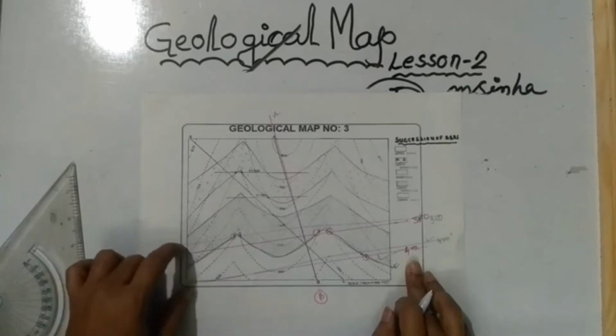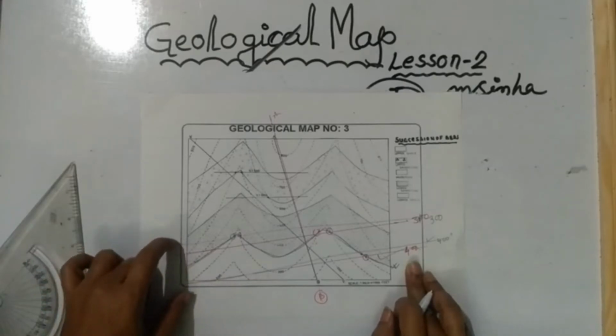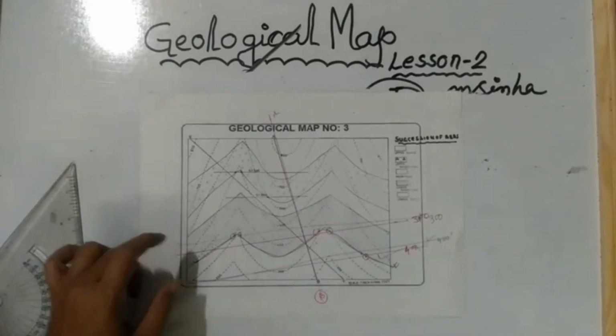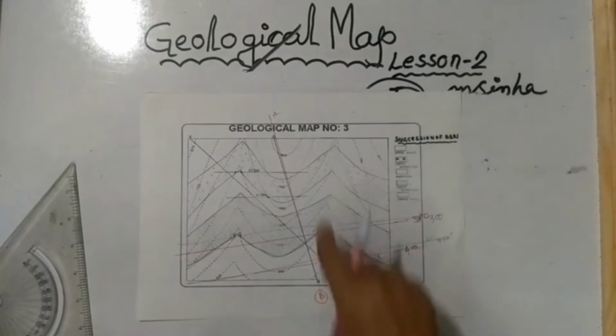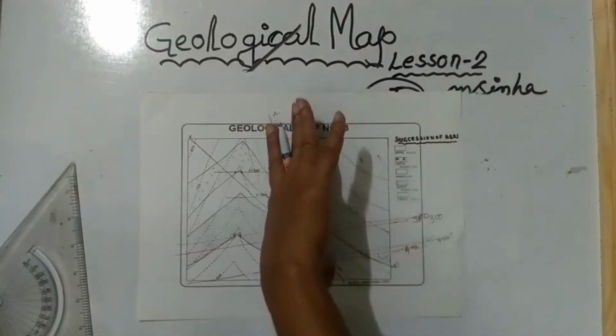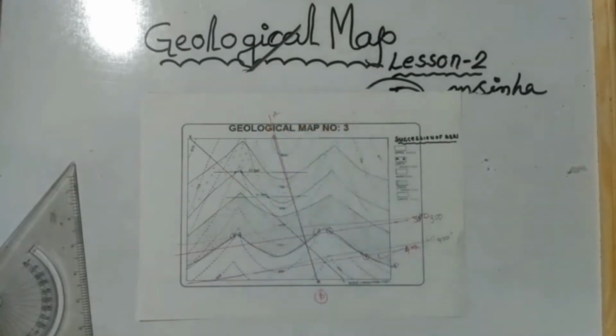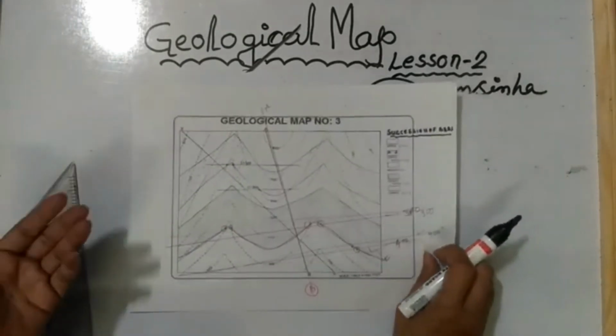With the help of the strike line, we can identify the dip. Dip and strike are very closely related. Okay, then suppose you have to take this distance with the help of a compass or scale. I told you that geological maps have two parts, the interior part and the outer part.